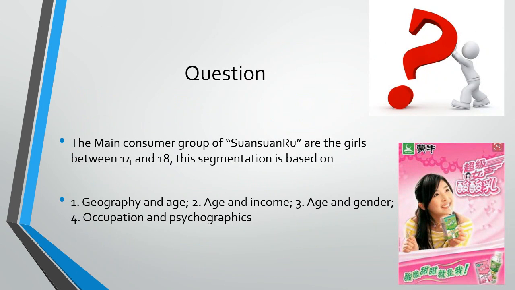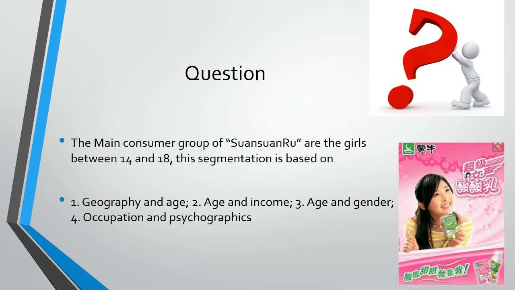And now this question is quite practical. It's from a real case about a successful dairy product in China. It's called 酸酸乳, and since we know that it means its main consumer group is the girls between 14 to 18, then this segmentation is based on which factor?